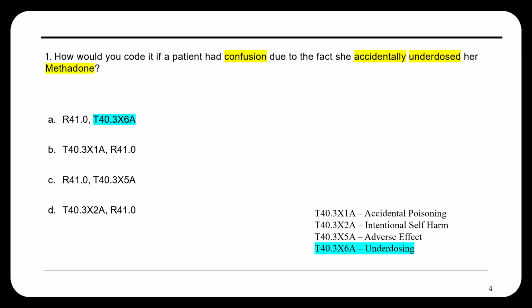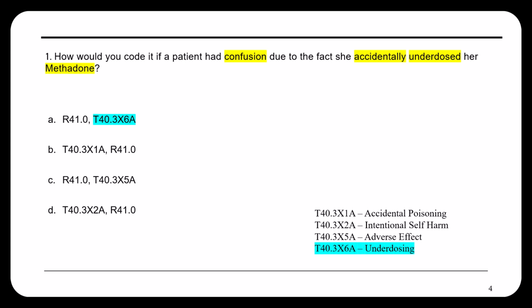And the last one's the one we need because it specifically says underdosing, and underdosed is one of our keywords. So it's T40.3x6a is the answer, and the answer does live up in A. When you look at this one, it's pretty obvious that's the answer. There's no other different T codes in any of the questions.